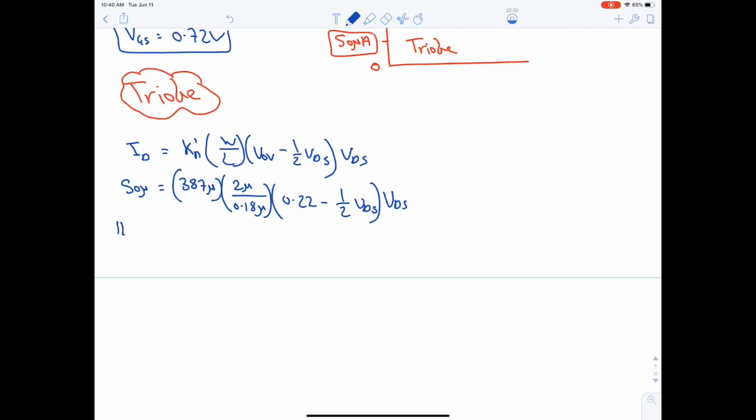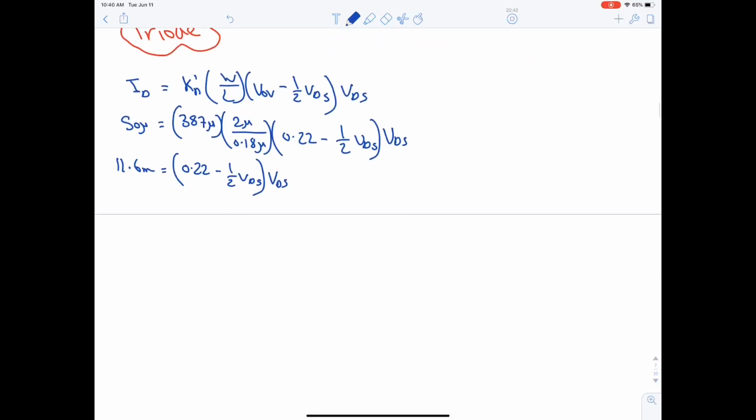You will get 11.6 milli equal to 0.22 VDS minus half VDS squared. So here half VDS squared minus 0.22 VDS plus 11.6 milli.